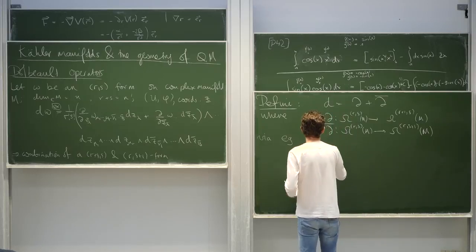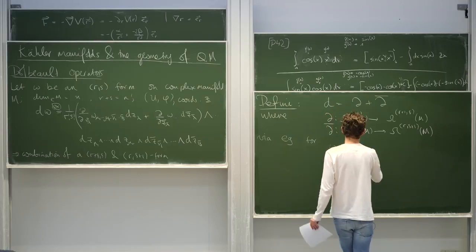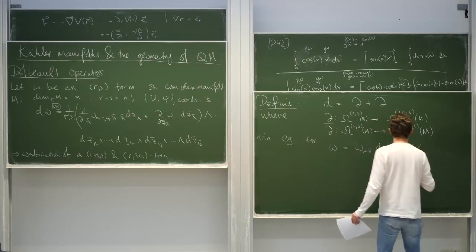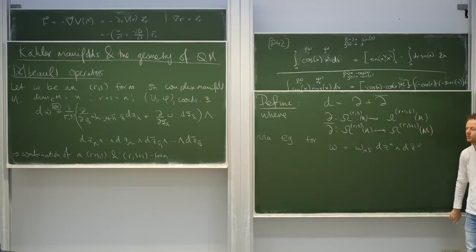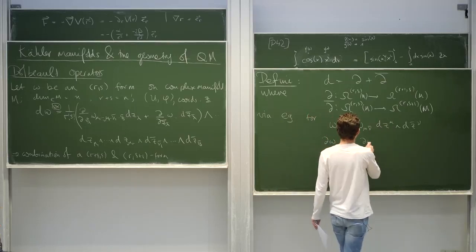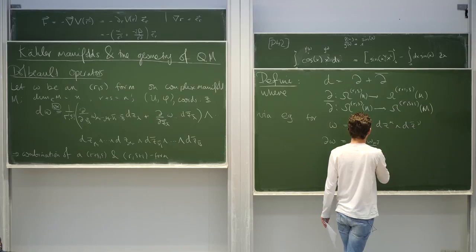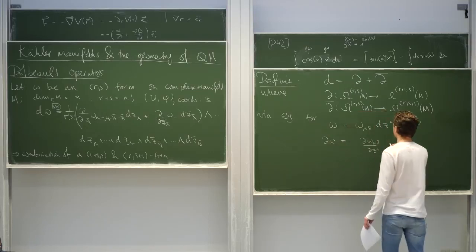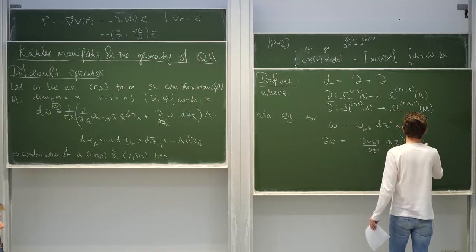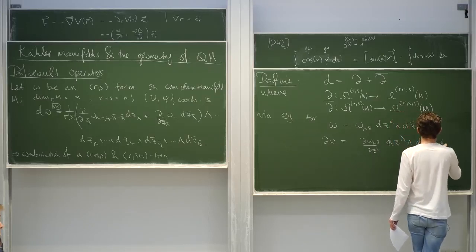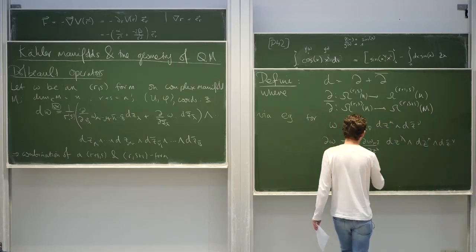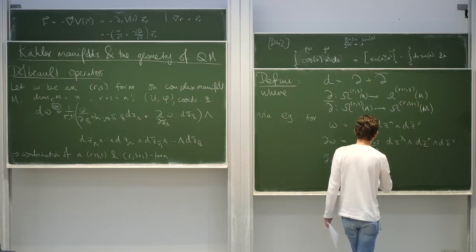So if in components we have a 2-form, for example, a 1 comma 1 form, then we define delta to be this operator, delta bar to be the other component.